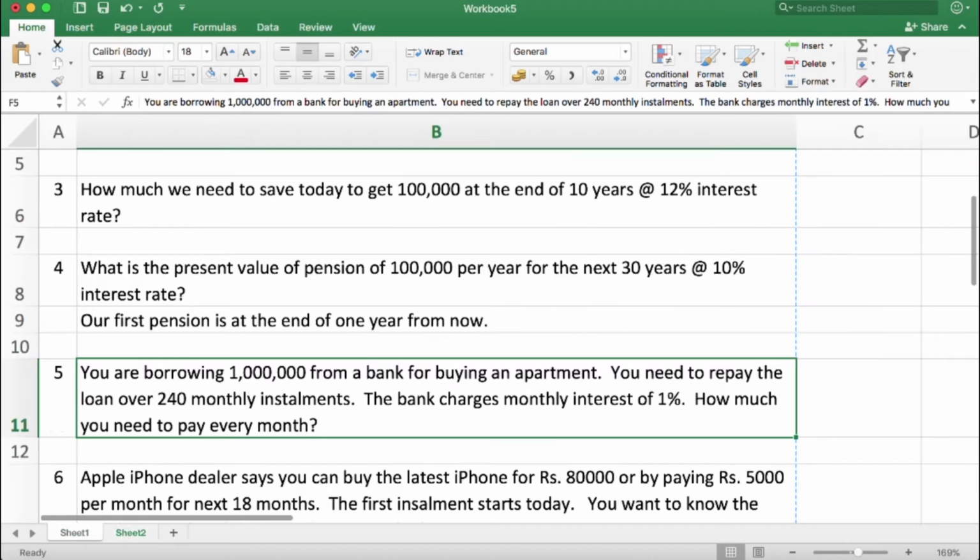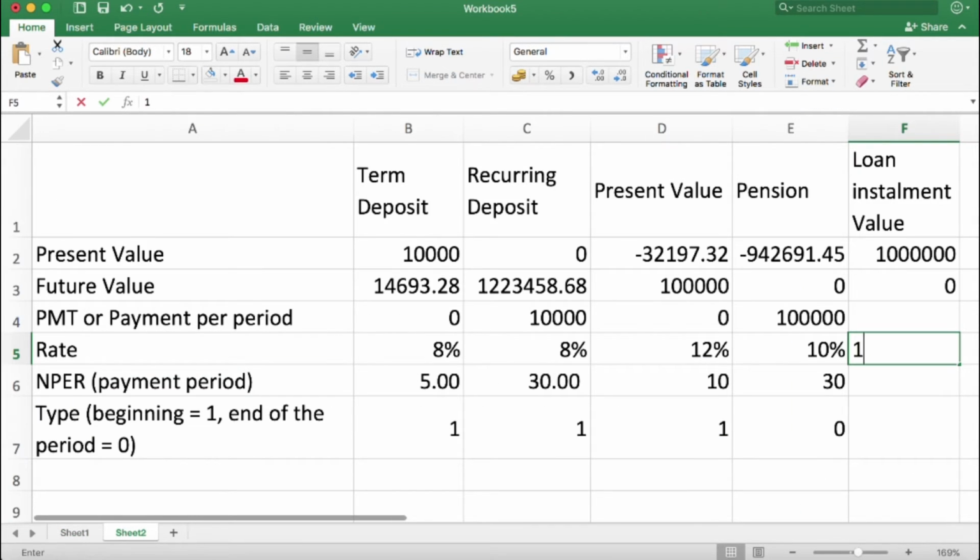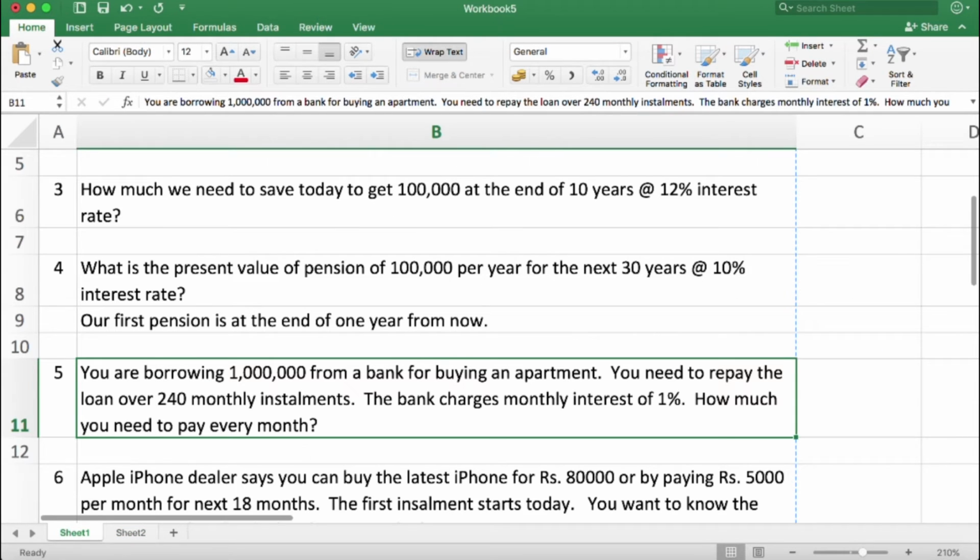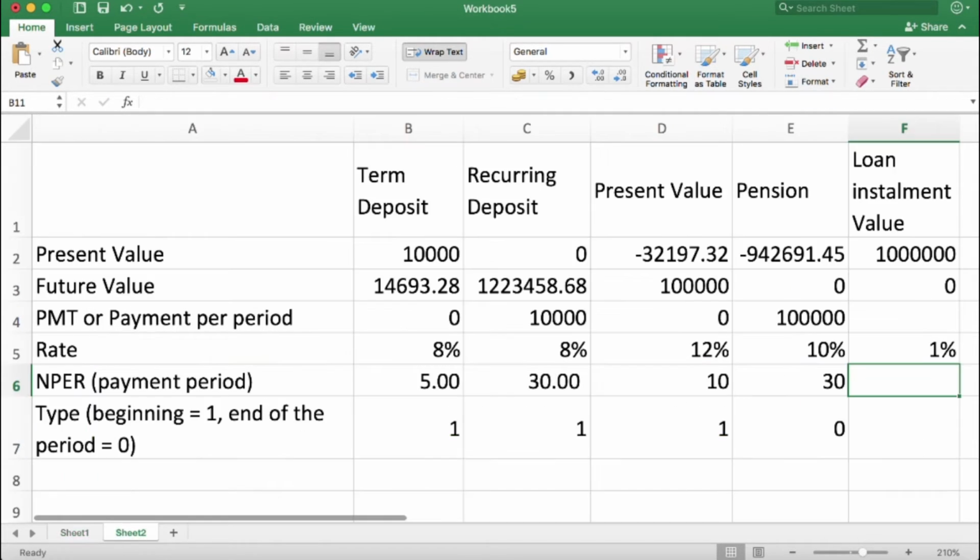The rate of interest is given as 1% per month. Number of periods is stated as 240 months. That means over a 20-year period we want to wipe out this loan. Type is 0 because our first installment is going to be at the end of this month.